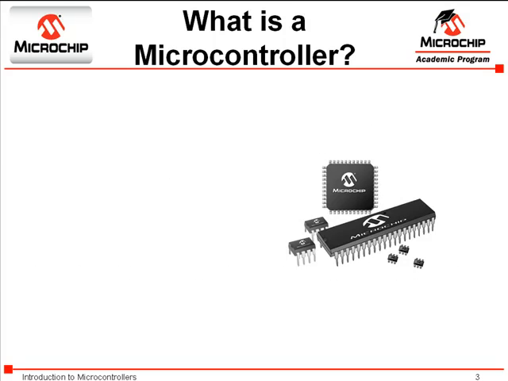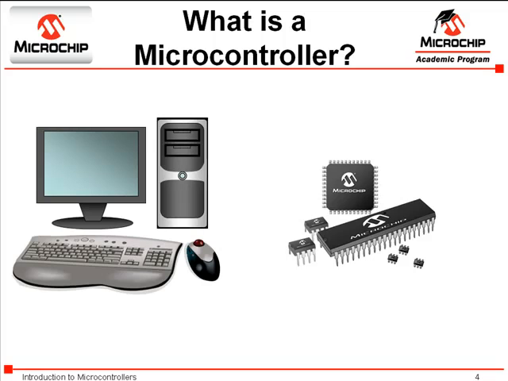In the simplest of terms, a microcontroller is basically a computer that comes in a variety of packages and sizes. In fact, you could make many comparisons between a microcontroller and a personal computer as shown here. Now I should mention that a PC typically performs a number of tasks or runs a variety of programs simultaneously.